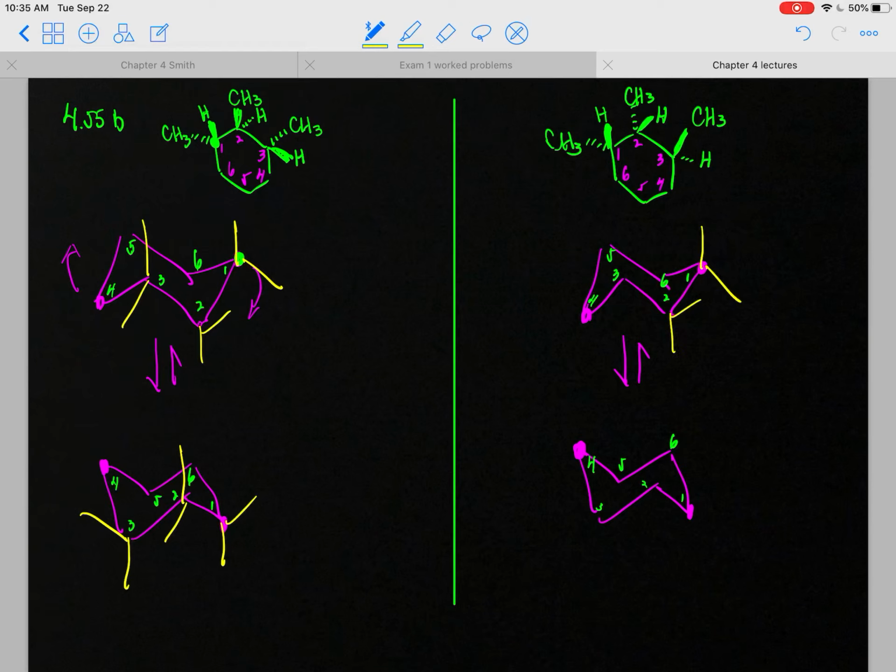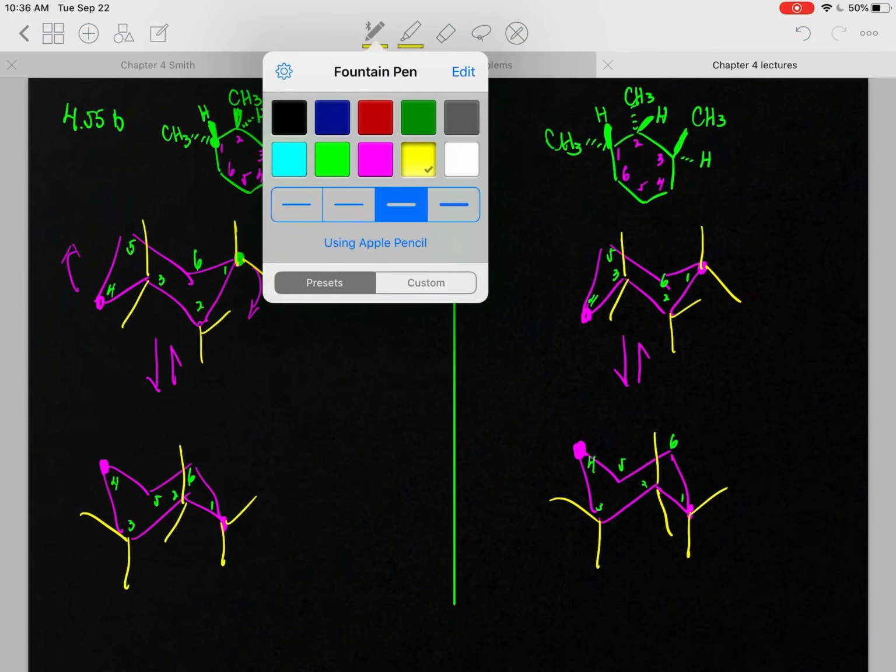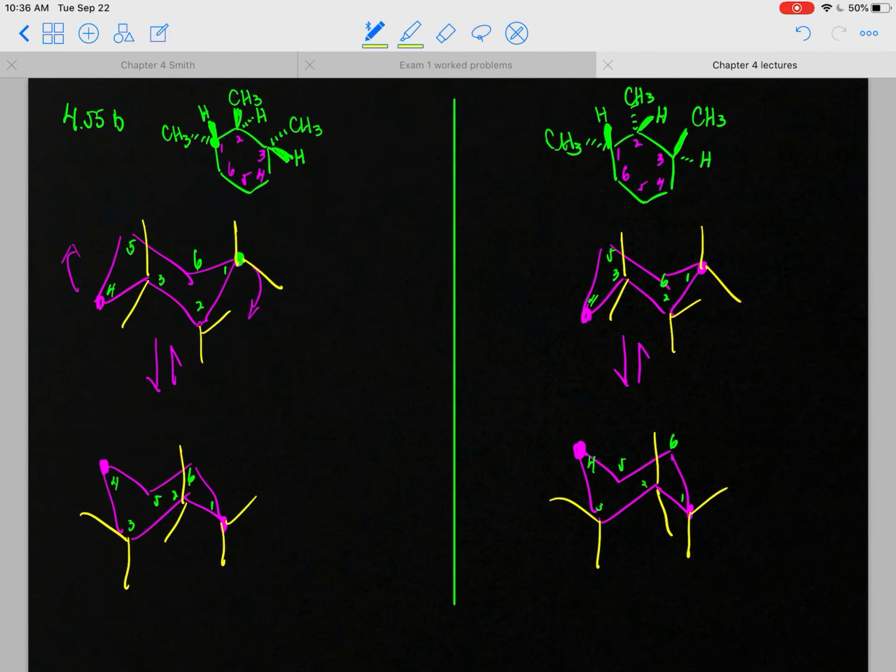Okay. So a lot of this problem is just getting things set up. Now here's where the thinking begins. We want to analyze each of these things and see, okay, there's a methyl group on carbon 1 going back behind the board, and on the carbon 1 we have a methyl group going down relative to that dotted line.